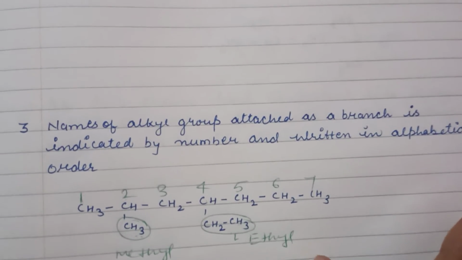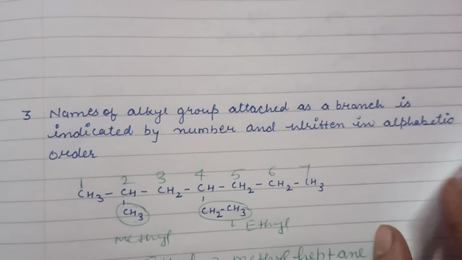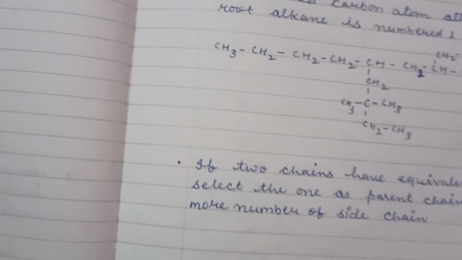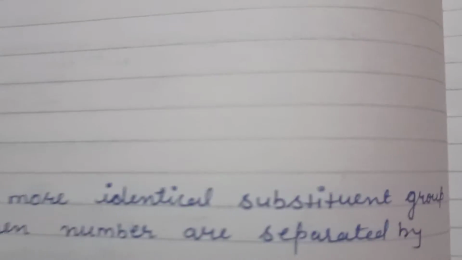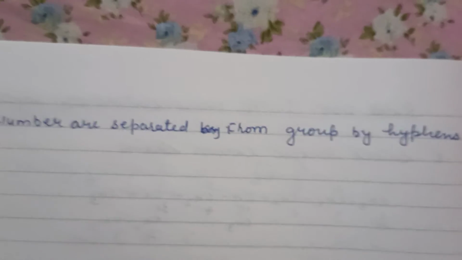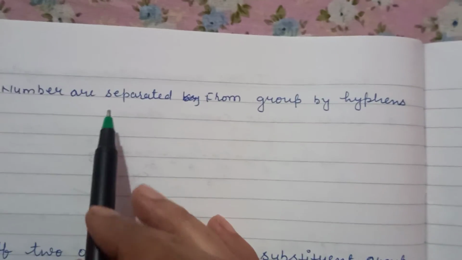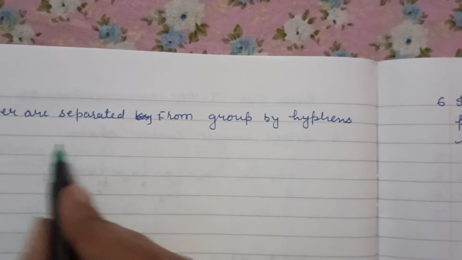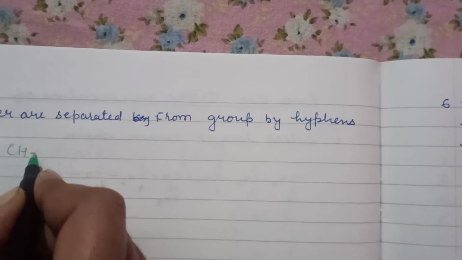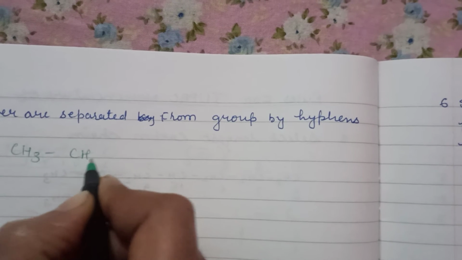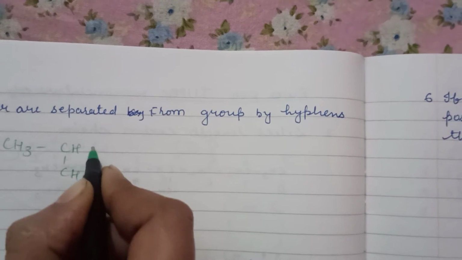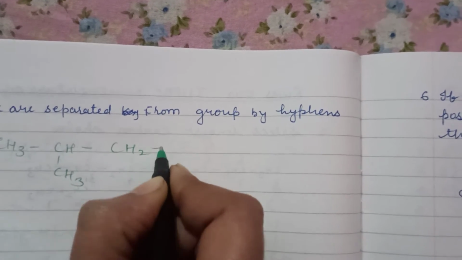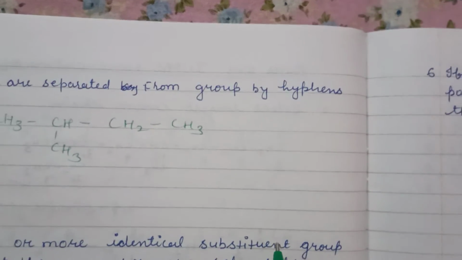Okay, let us read another rule. Rule number 4: numbers are separated from group by hyphen. Like I have written here CH3, CH3 and CH2, CH3. Okay, this compound I have written.